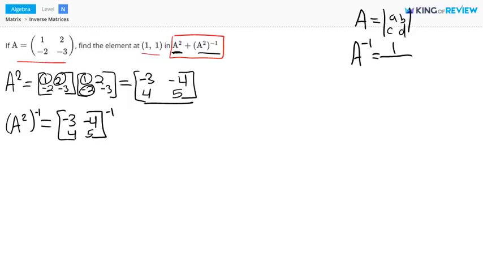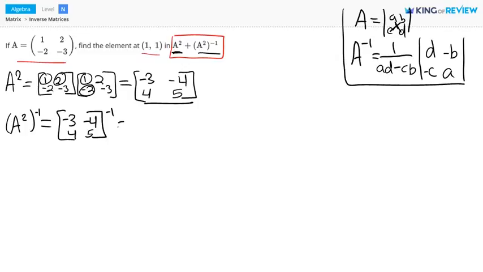The determinant is the product of the entries in the main diagonal, so AD, minus the product of the entries in the other diagonal, CB. So we have 1 over AD minus CB. And then we're multiplying this by the matrix. Now D and A will switch positions, so we have D up here and an A down here. And then we take the negative values of B and C. So this is how we find the inverse.